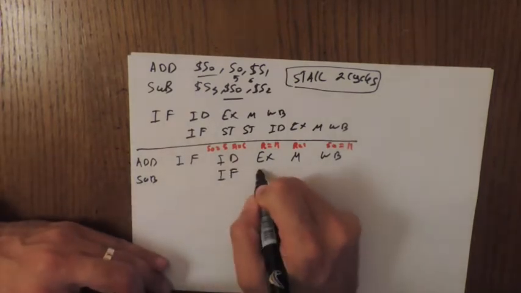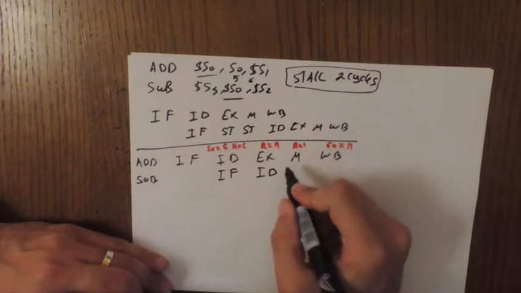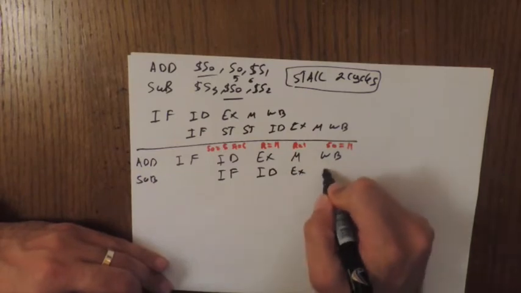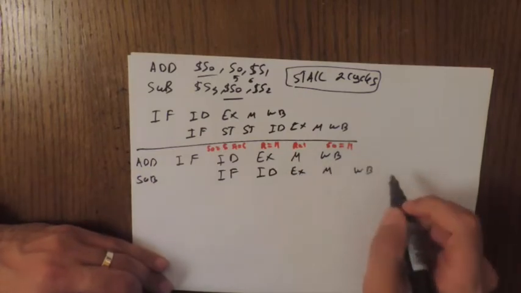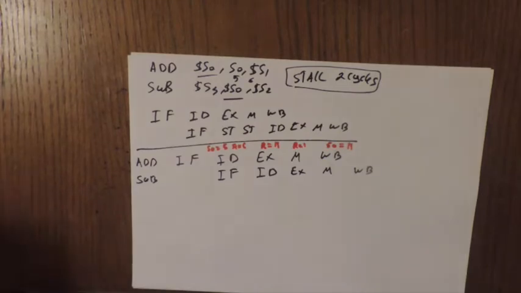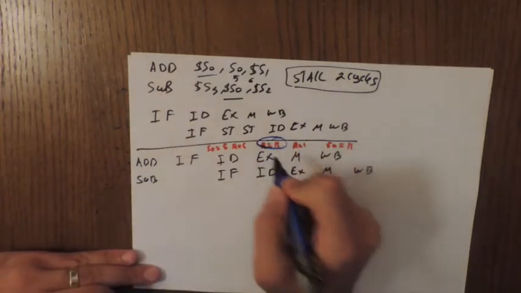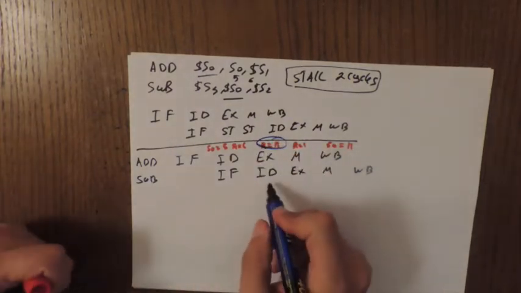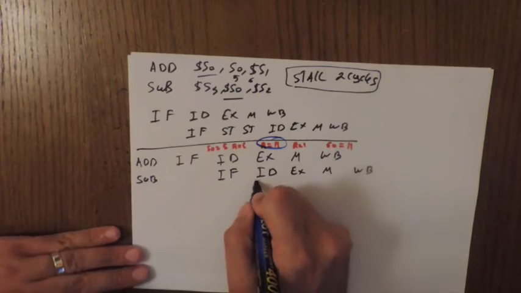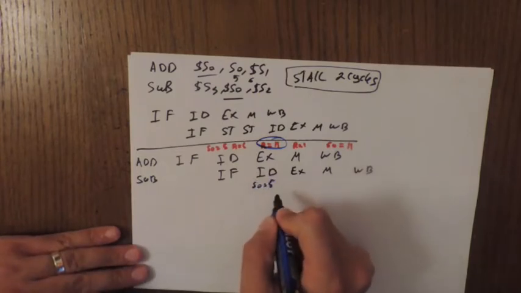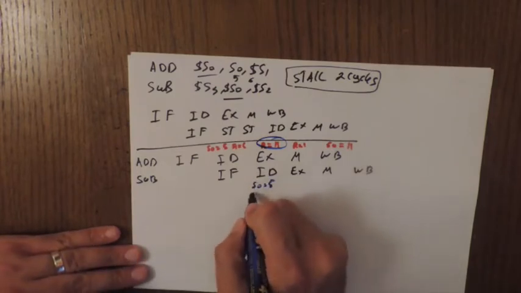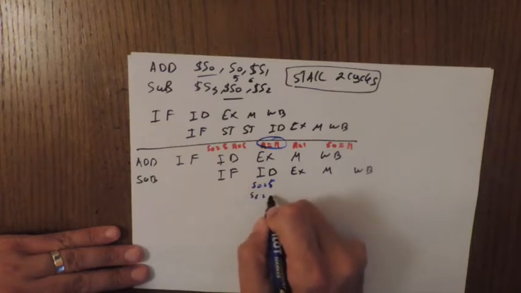So they sort of thumbed. If you look at the sub without stalls, they take a look and said, okay, you know what? The result is already here. Okay, in this stage I read S0 is equal to 5, and let's say S2 was equal to 3.